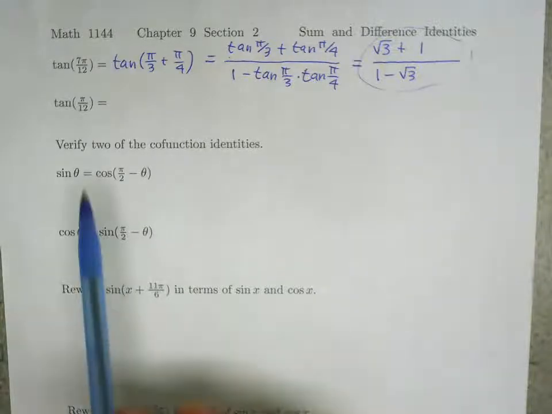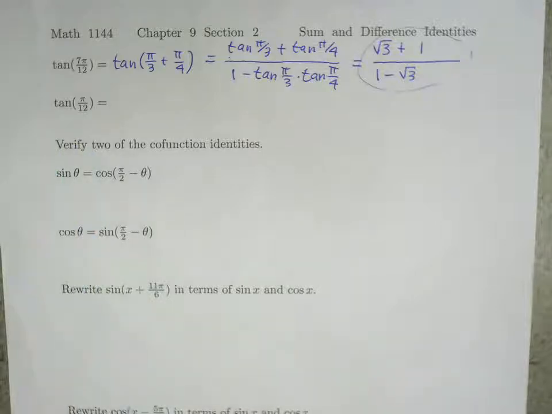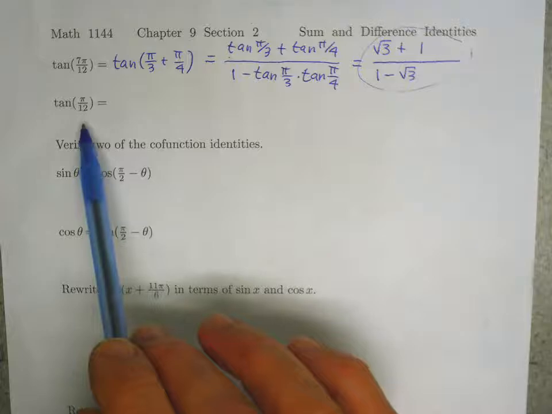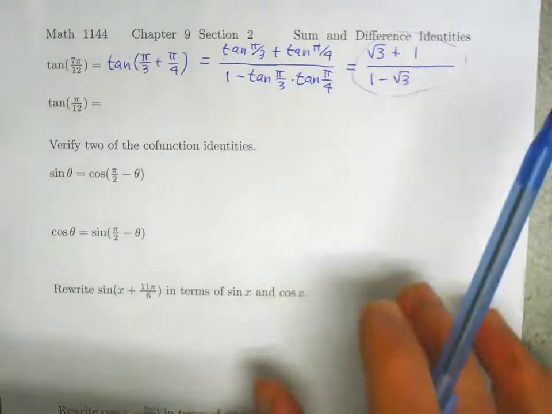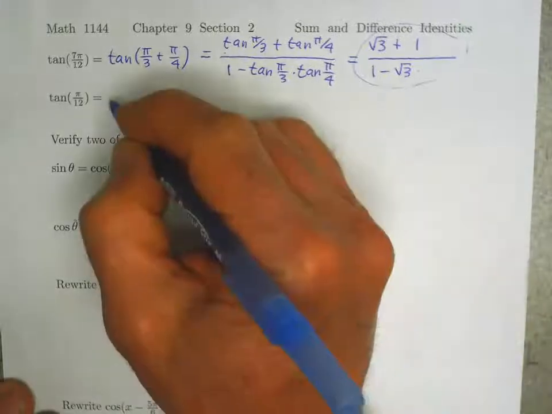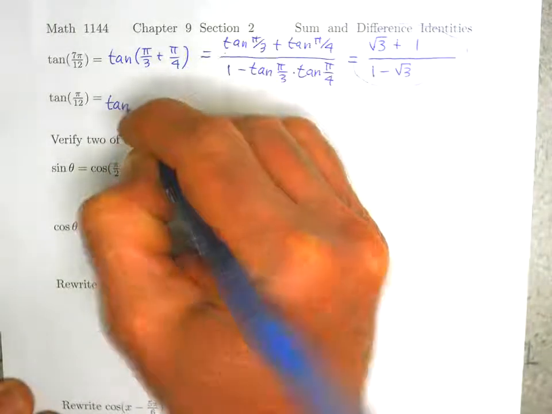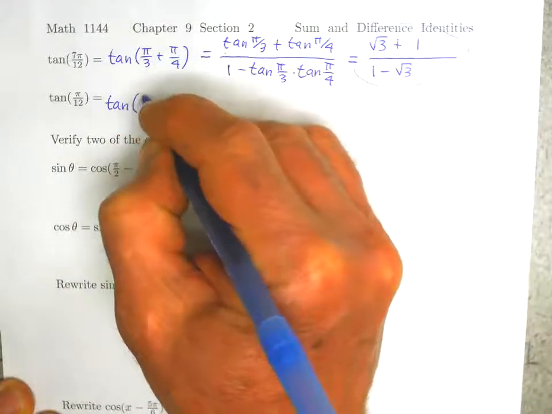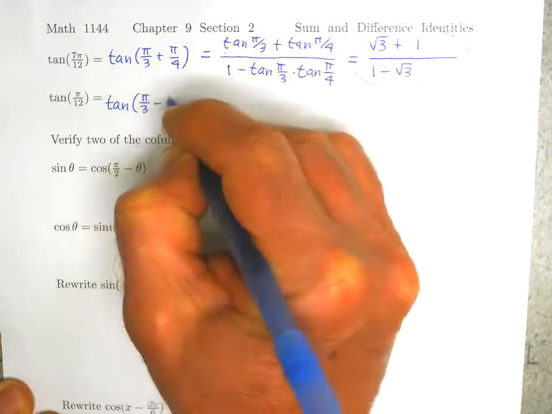Okay, the next one, tangent of pi over 12. We saw earlier that pi over 12 is just pi over 3 minus pi over 4. So to evaluate this, we have the tangent of pi over 3 minus pi over 4.